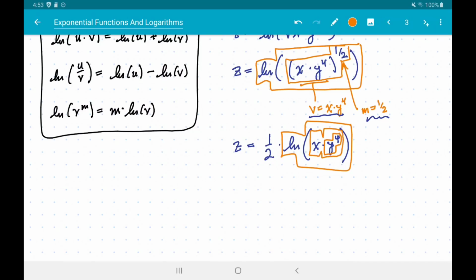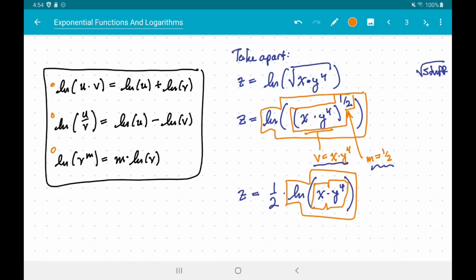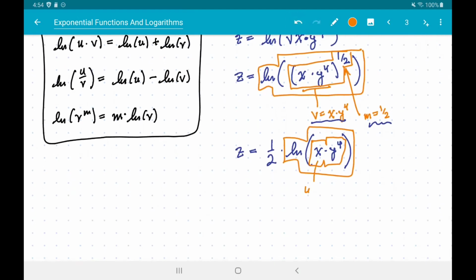So the multiplication is the outermost operation, and we should think of this as ln applied to x times y to the fourth, and focus on it being ln applied to multiplication of. Okay, given that we've got that structure, of these rules, which one can we apply? This is the one that has ln applied to multiplication. u is equal to x, and v will be equal to y to the fourth.